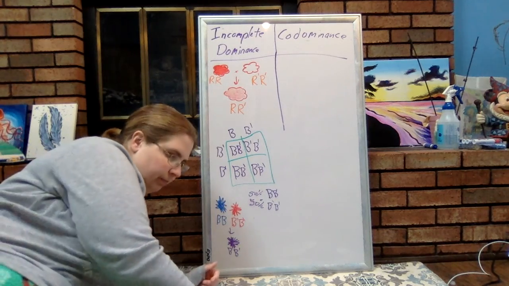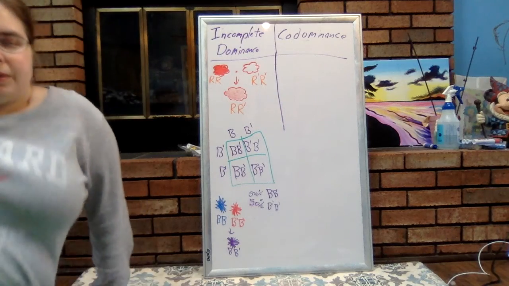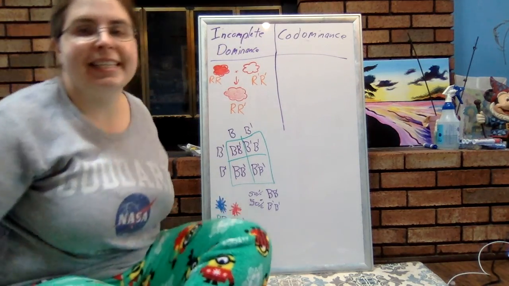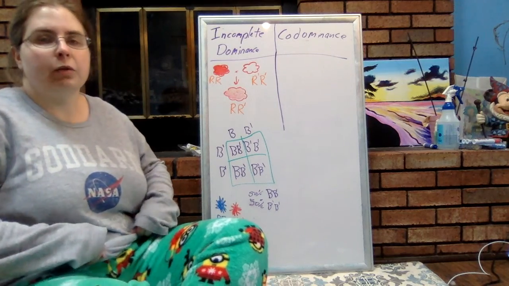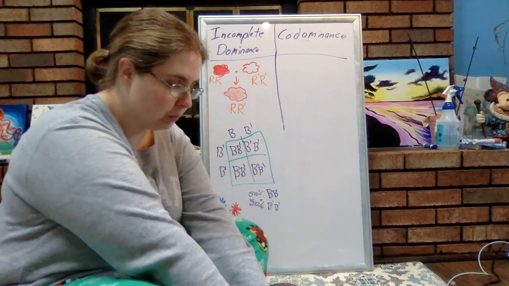All right. So far, so good? Good. Let's move on to codominance. Now remember, in incomplete dominance, neither allele is dominant to the other. In codominance, both of the alleles are dominant.